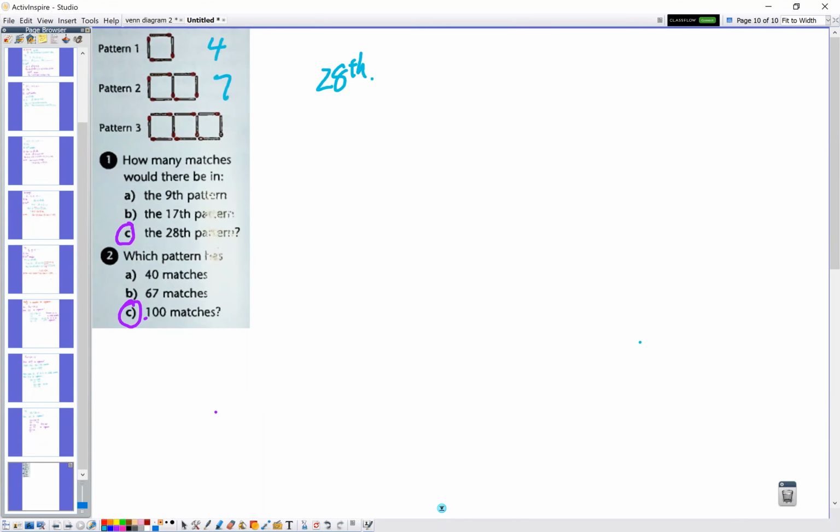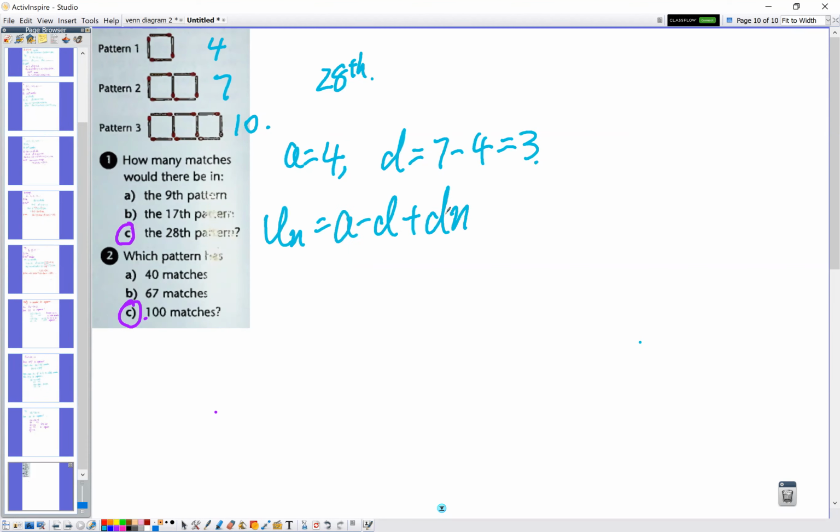The pattern is 4, 7, 10. So a is the first number, which is 4. d is the difference. 7 take away 4 becomes 3. So un will become a minus d plus dn. So it becomes 4 take away 3 plus 3n. The answer is 1 plus 3n.